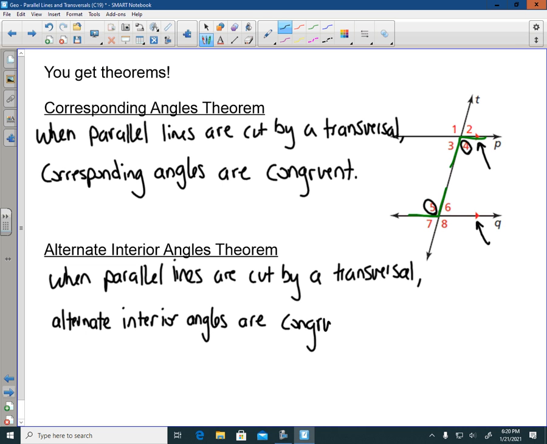Now, we're not going through the business of proving this, and it's too bad because I have a great little activity where you trace these angles on a piece of tracing paper, and then you slide them around to see which ones are congruent, but we're not together, so you'll just have to take my word for it. All right, let's go to the next thing. So far, when parallel lines are cut by a transversal, both corresponding and alternate interior angles are congruent to one another.